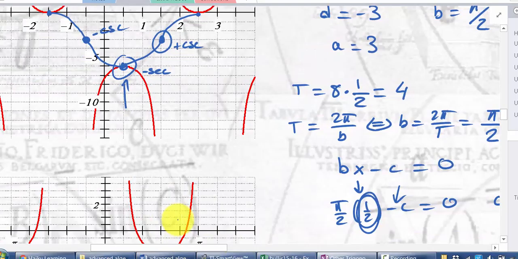And of course, you can check it with your calculator, okay? Just put the window that I gave you in the graph right here, but you can check it out with your calculator.